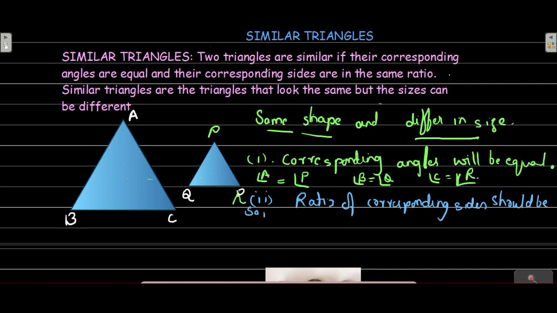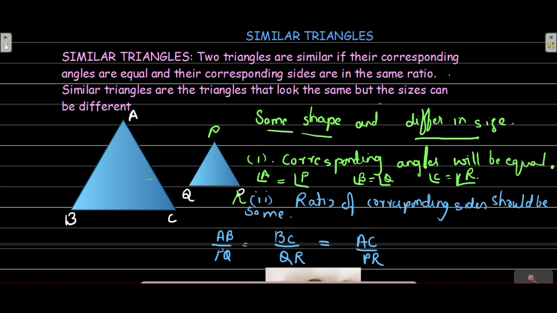If you take the first triangle ABC and the second triangle PQR, if AB by PQ is equal to BC by QR, which in turn is equal to AC by PR, then we can say that these two triangles are similar to each other. If the ratios of the sides of the first triangle to the corresponding sides of the second triangle, AB by PQ, BC by QR and AC by PR, are all equal, then we can say that these two triangles are similar.